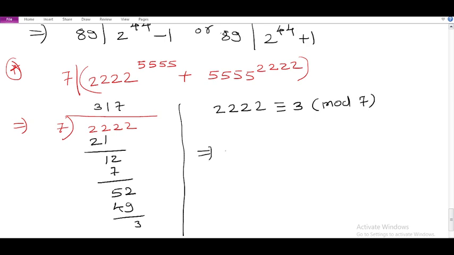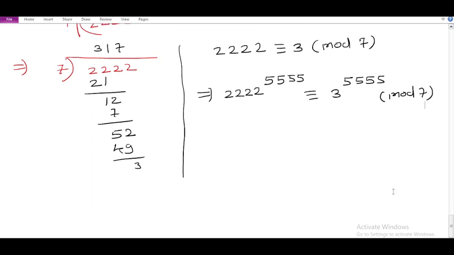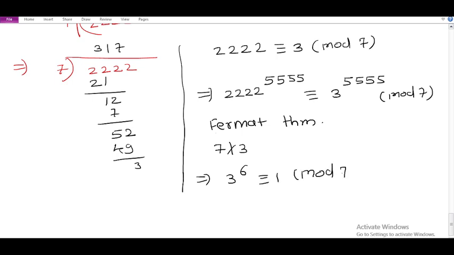So this implies 2222 raised to 5555 is congruent to 3 raised to 5555 modulo 7. Now by Fermat's theorem, since 7 does not divide 3, this implies 3 raised to 6 is congruent to 1 modulo 7.